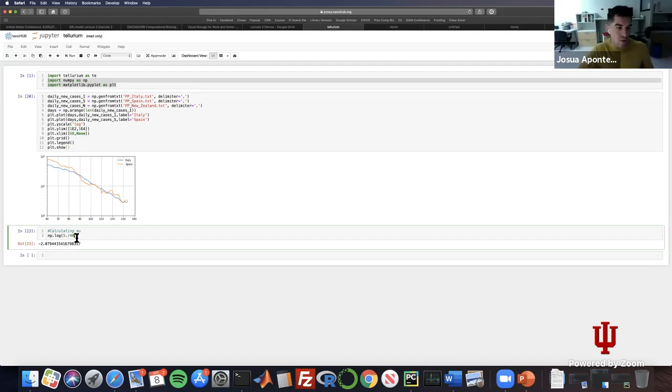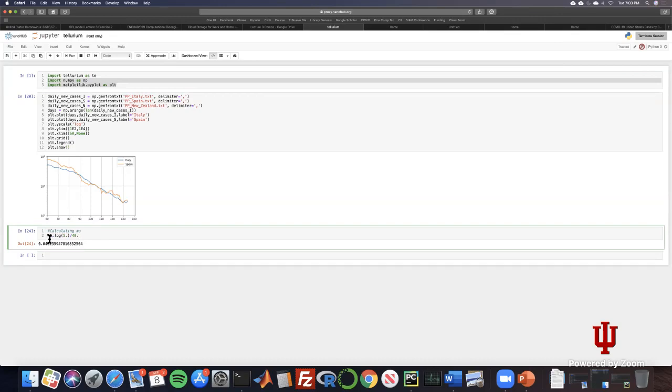So it's, are you seeing my screen? 0.04. All right, so it's actually 40 over log 5, the reciprocal. So for Italy, we get log 5 over 40.